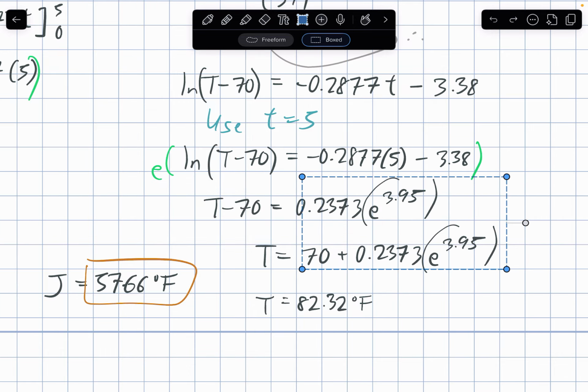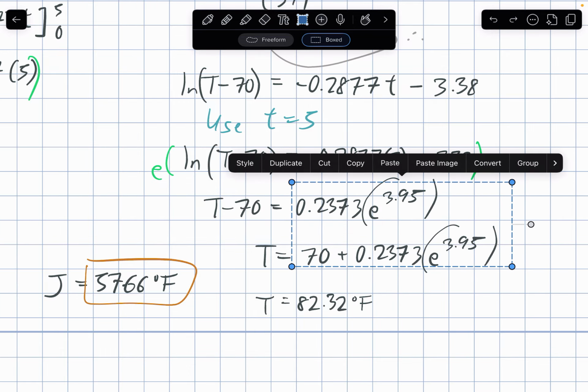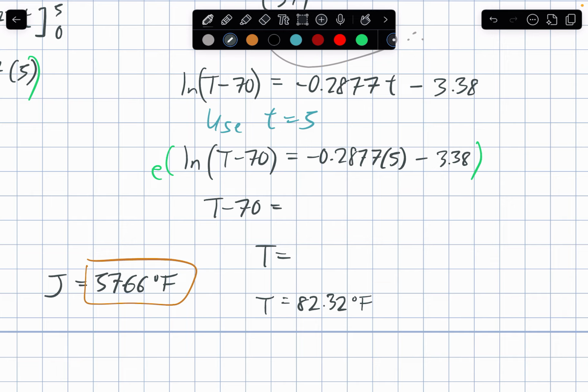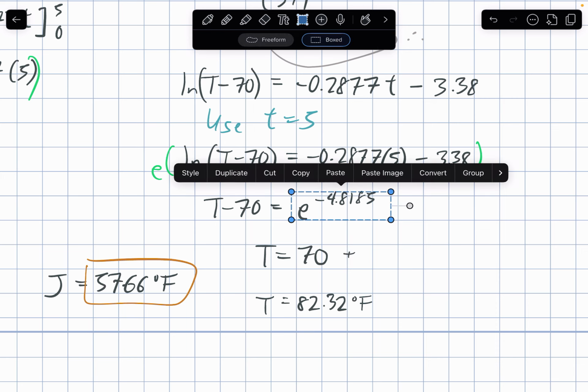So e raised to negative 4.8185, 70 plus this one.